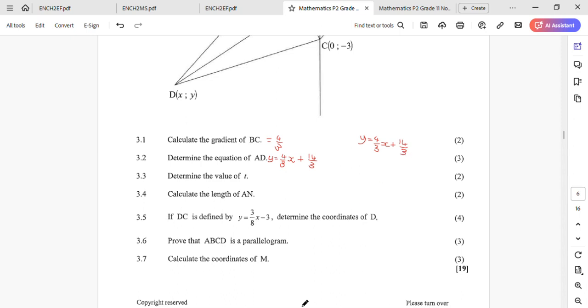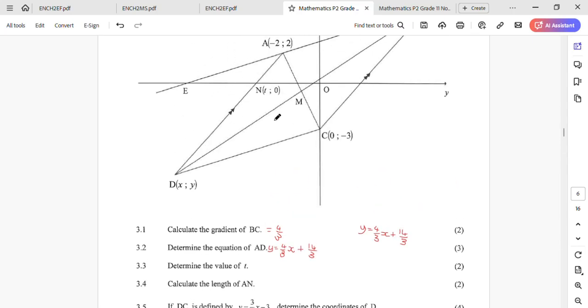Let me double check something, guys. Okay, you had 2 plus 8 over 3, that's 14 over 3. Okay, no error there. This is the equation we're going to use. So we're going to substitute the value of x and y.